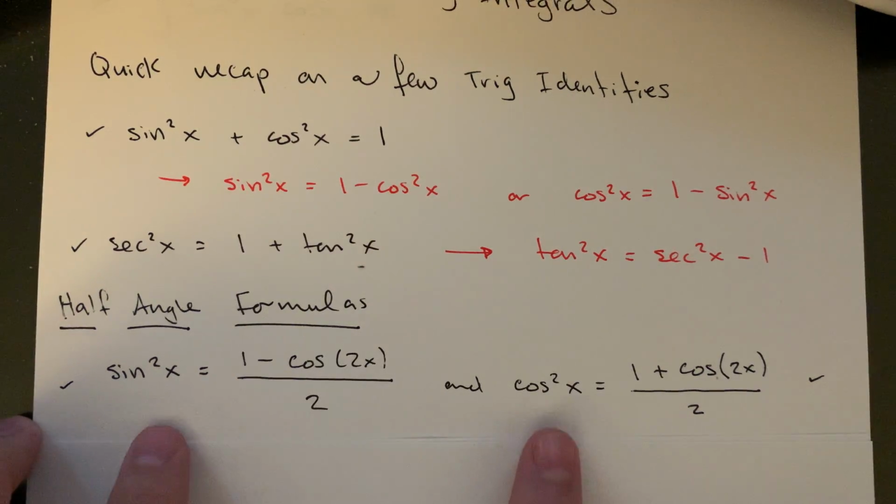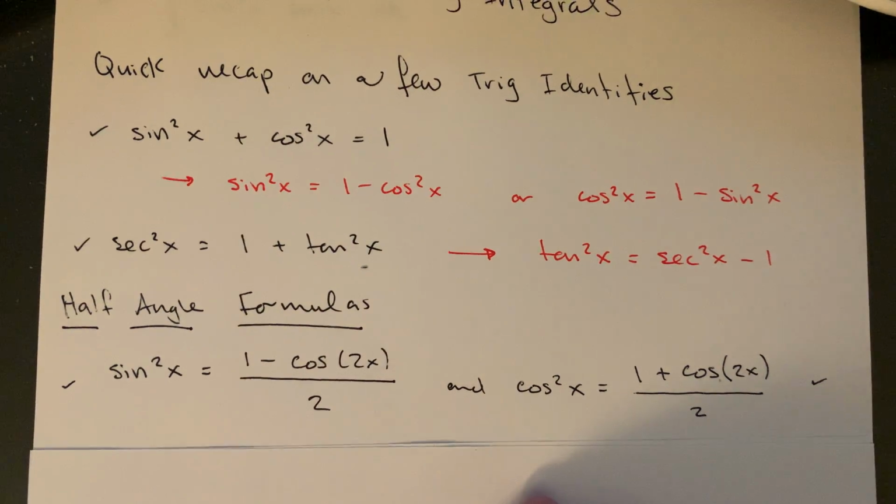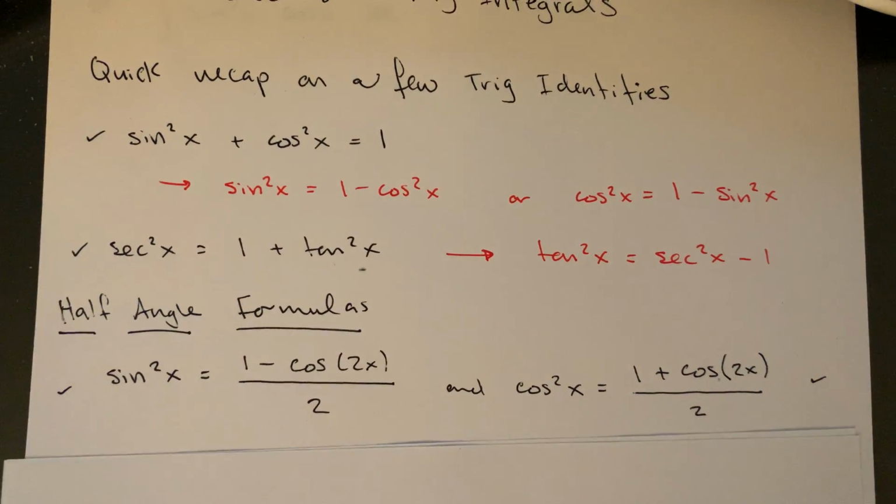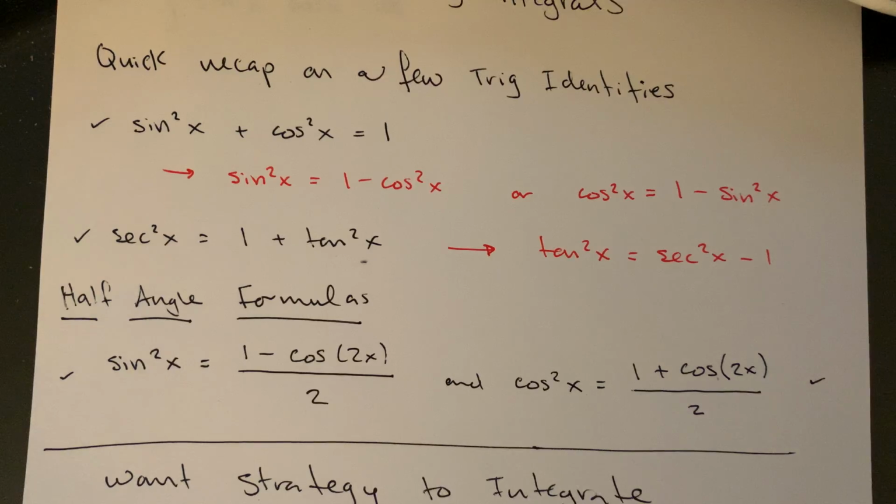So all of these formulas are based on substituting identities for the squared version of a trig function. We'll be looking for sine squareds, cosine squareds, tangent, secant squareds. That's probably going to be our bread and butter in this section. Okay.